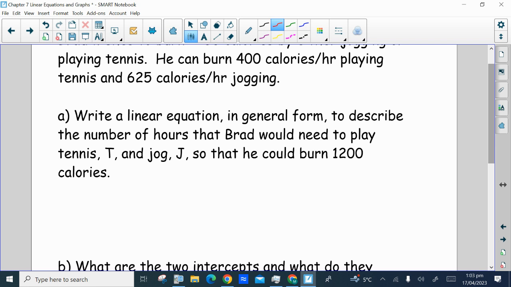So we are told what our variables are. T is the number of hours playing tennis. We're already told this. And J is the number of hours jogging.